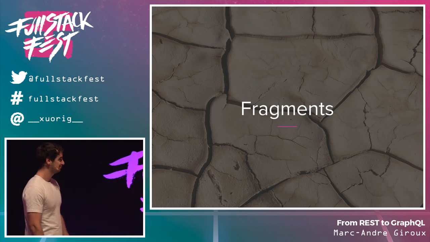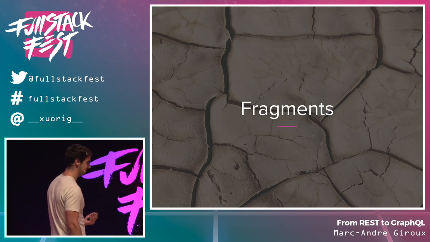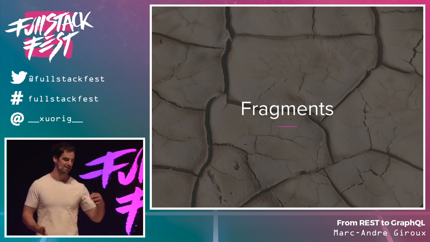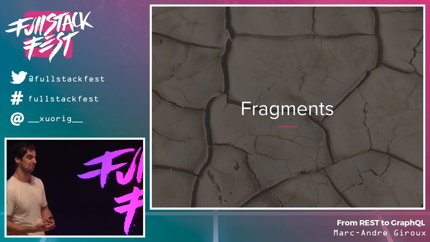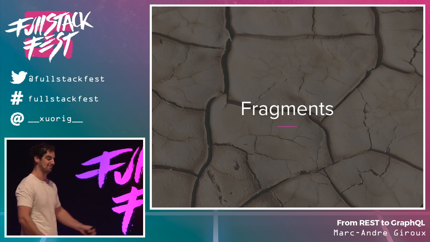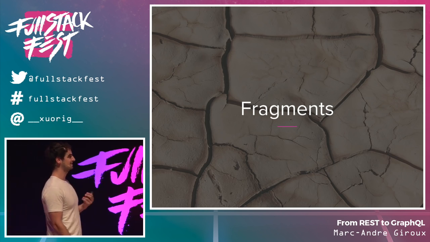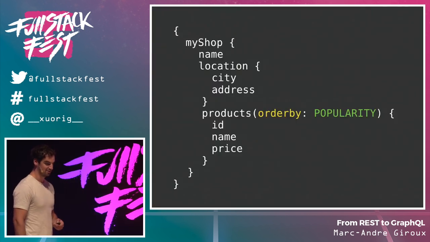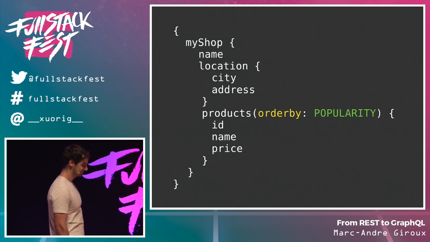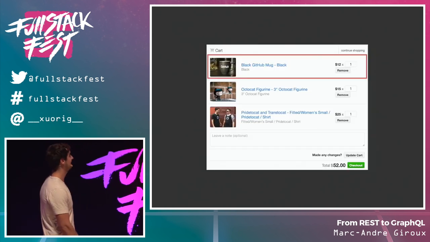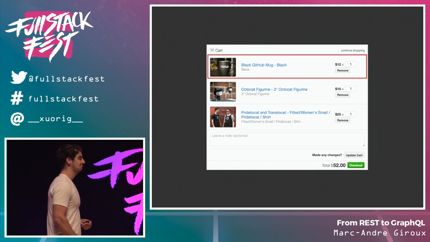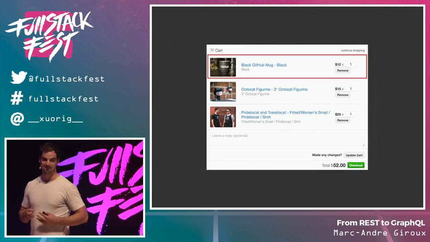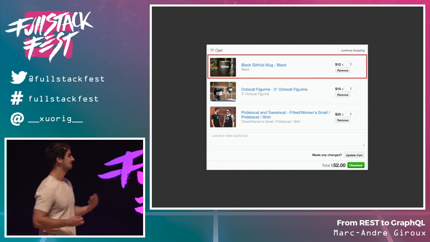So, fragments. Sometimes we want to decompose things. Right now we only have one big query, and you can imagine for more complex UIs it gets even bigger. Sometimes it makes more sense to decompose those into smaller queries, and GraphQL makes that possible. So let's take a look at the same query again. We talk a lot about React these years, or any component-based UIs.